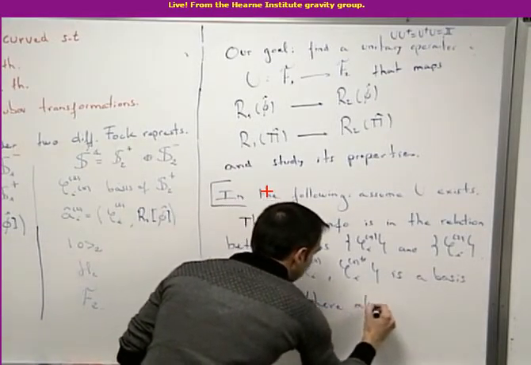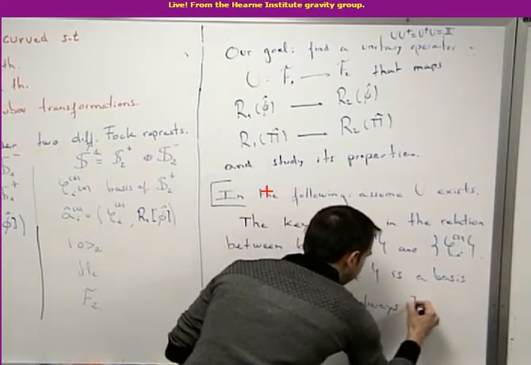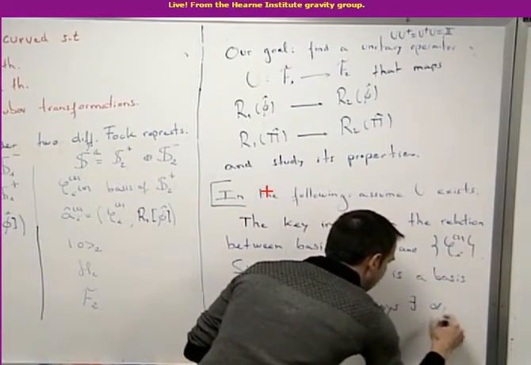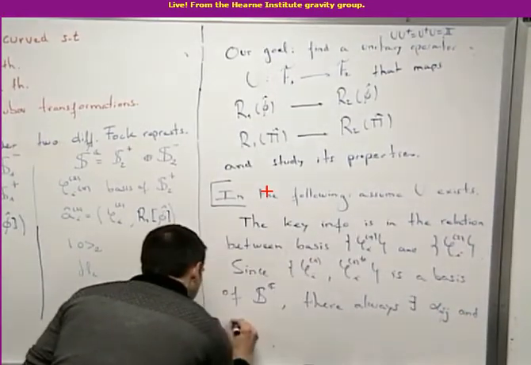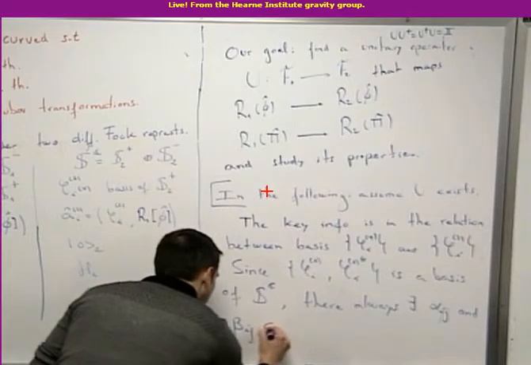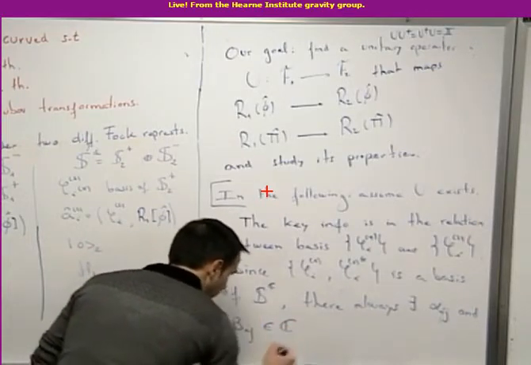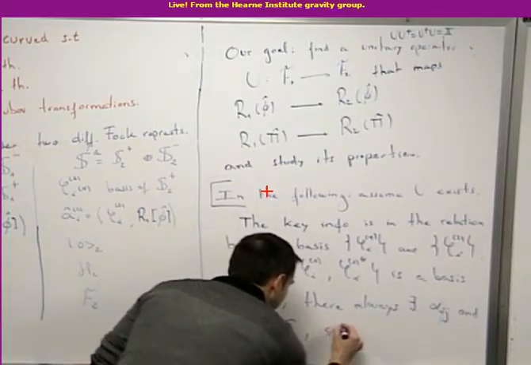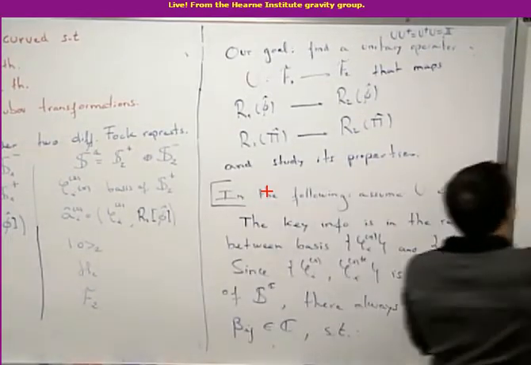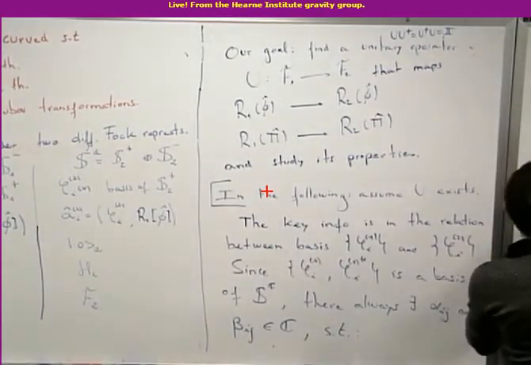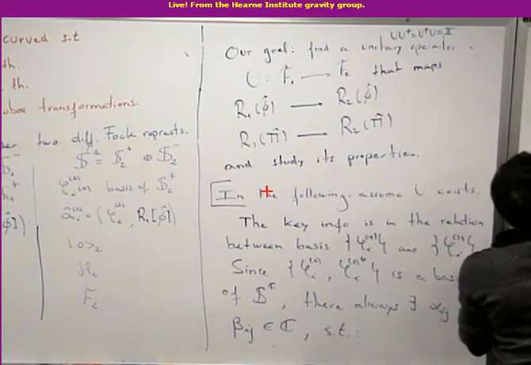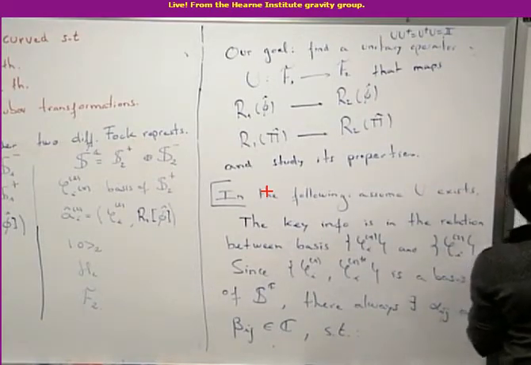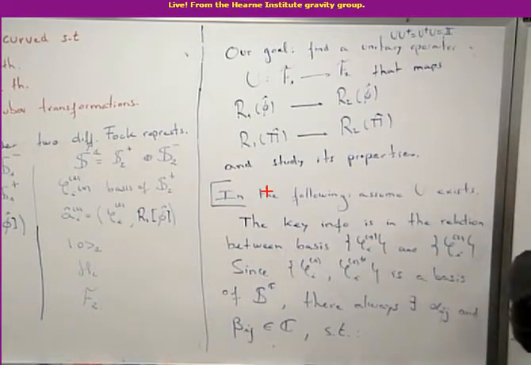There always exist complex constant coefficients alpha and beta, so they don't depend on time, such that phi 2 can be written as a linear combination of the basis 1.